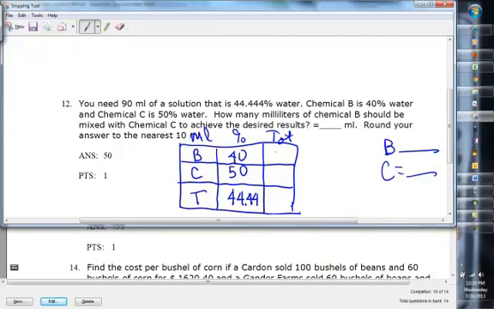Okay, this adds up to 40B. This adds up to 50C, and this adds up to 44.44T.